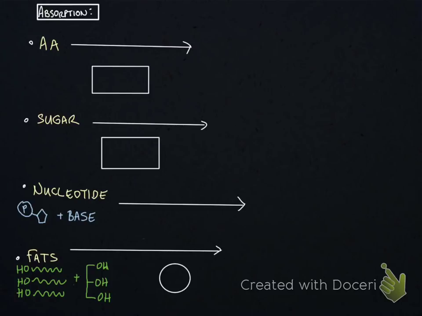And how are these molecules actually absorbed once they're digested in the small intestine? So most of this, keep in mind, will be happening in the duodenum, the second part of the small intestine. All right, so proteins that have been broken down into smaller amino acids, how do they get into the bloodstream? And this is mainly by primary active transport.